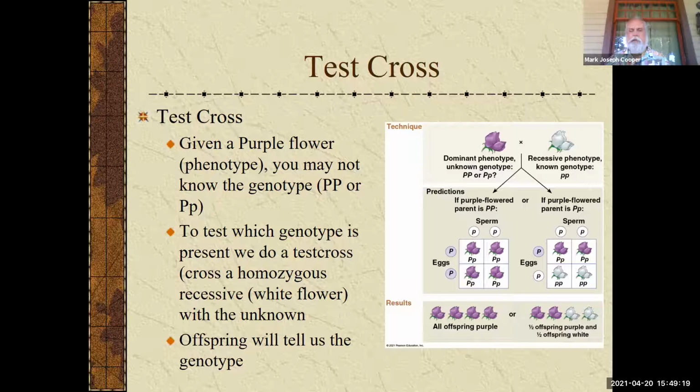And then if you cross a heterozygous, large P, small p, with the homozygous recessive, half of them are going to come out white. And so the first white one that comes out will tell you that that is not a true breeder. So a test cross is a way of determining an unknown, whether it is a true breeder or not.